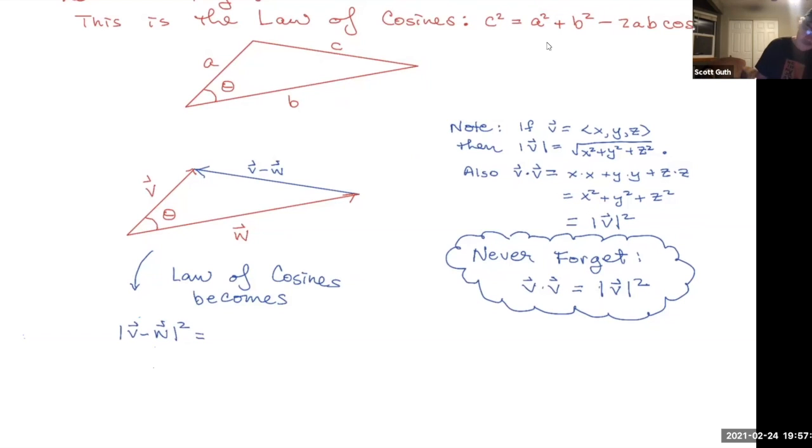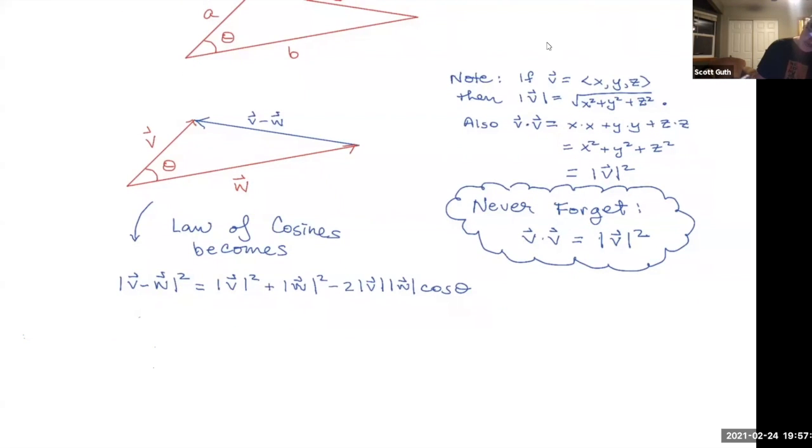Equals A squared, that would be the magnitude of V squared, plus B squared, that would be the magnitude of W squared, minus 2AB cos theta. This would be minus 2 magnitude of V, magnitude of W, and times the cosine of the angle that separates them.